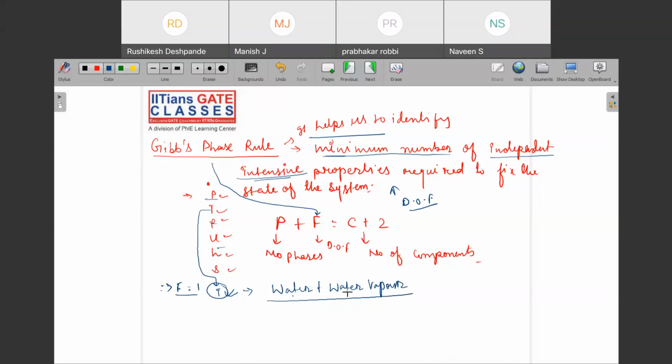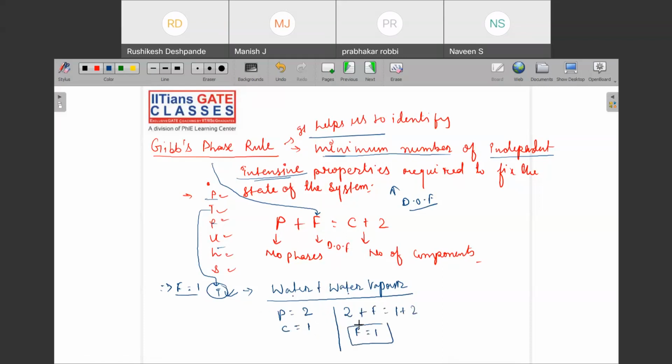There is water and vapor, so the number of phases here is 2. And what is the components? Components is anyway 1 only. Then how do I identify the degrees of freedom? I am putting this value into this equation. So P is 2, plus F is equal to C, which is 1, plus 2. So can I see here degrees of freedom is 1.